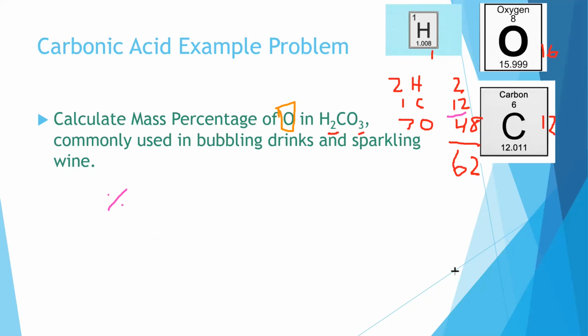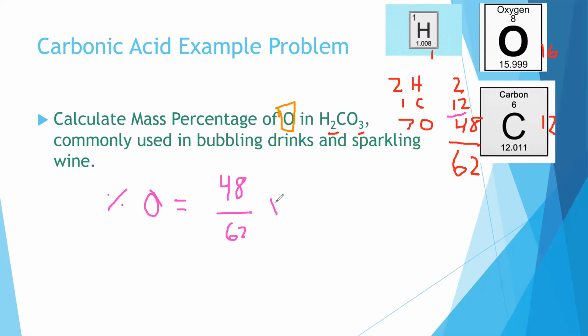Okay. So let me go over it now. Mass percent of oxygen equals the mass of oxygen is 48 over 62.